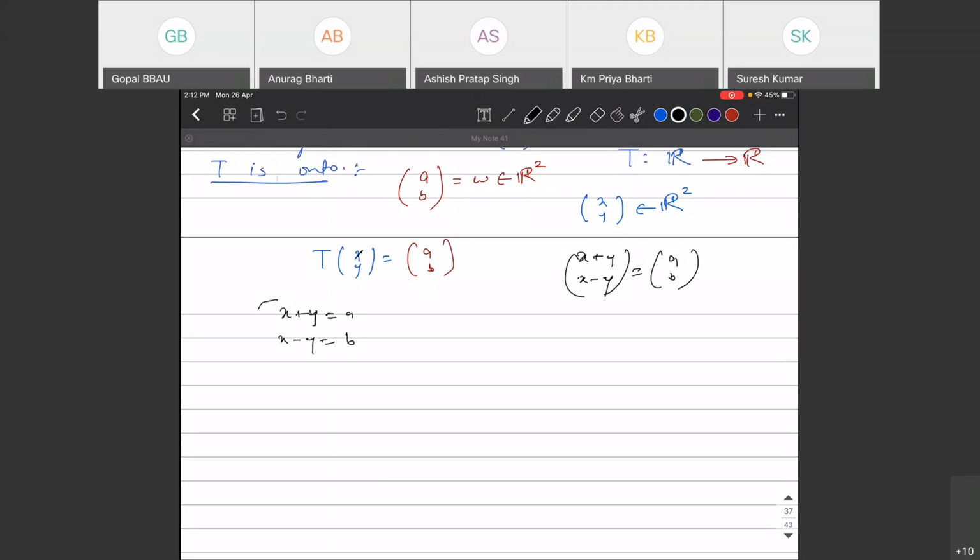You have already seen a system of linear equations.